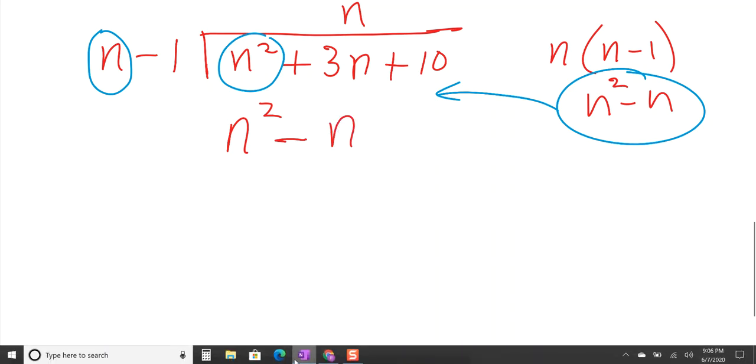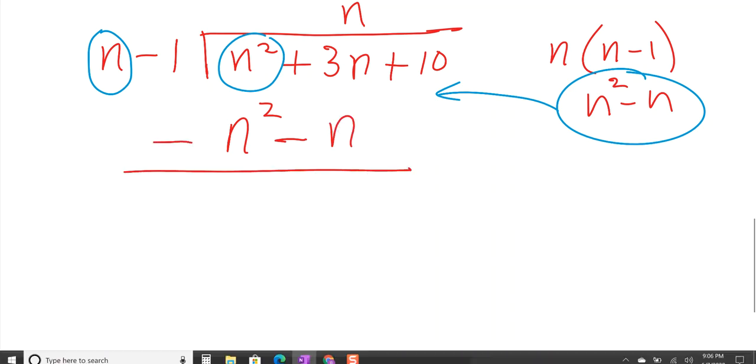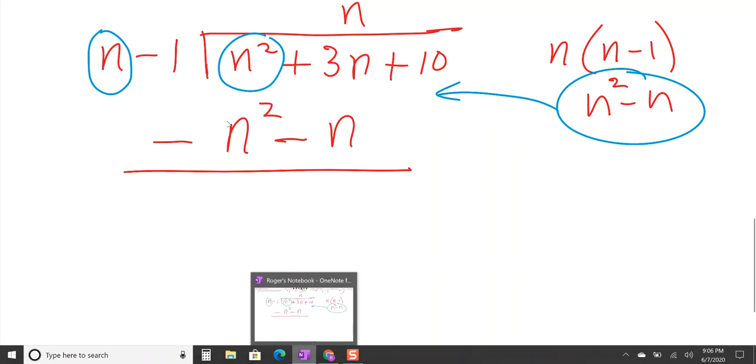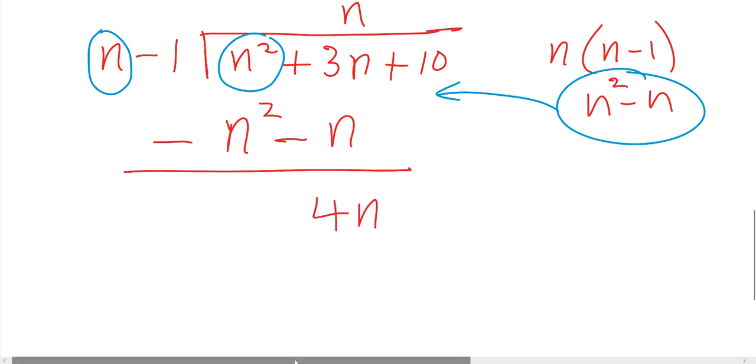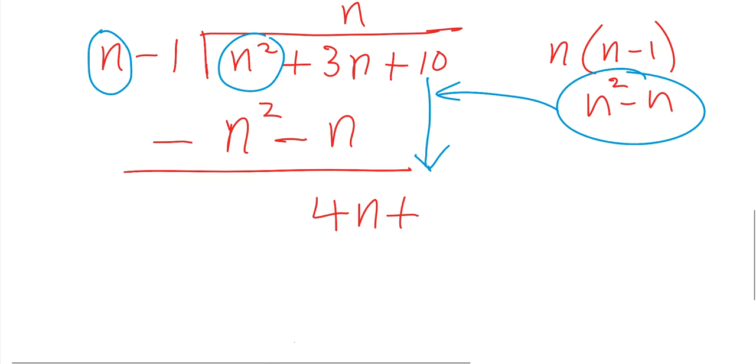And then we subtract. n squared minus n squared, no n squareds. 3n minus a minus n is 4n. And then we bring down our 10 right here. It's positive 10, so we put plus 10 right here.